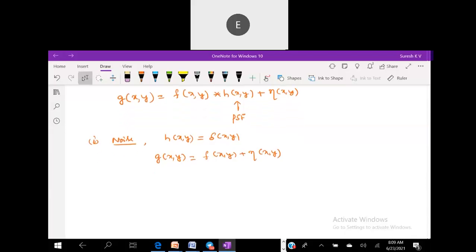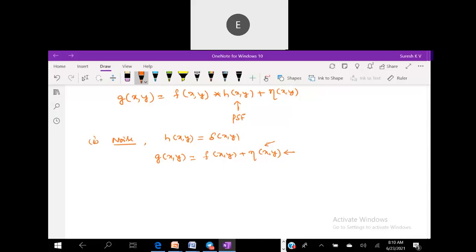We learned how to estimate noise, and then how to filter that noise using various filters. If it is salt and pepper noise, I can just use a median filter.